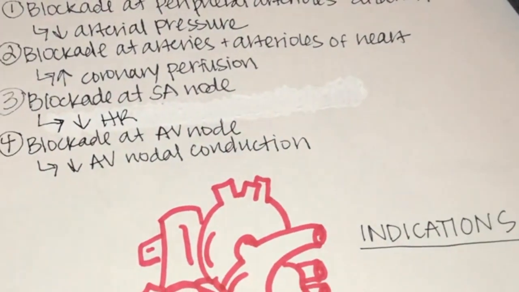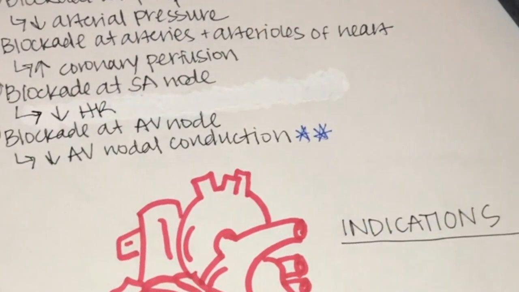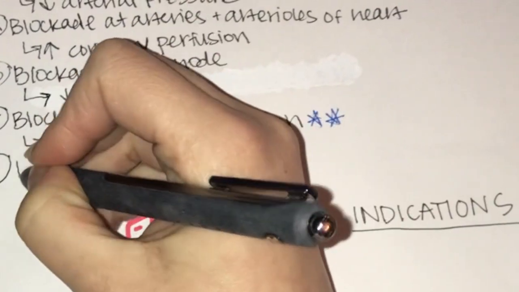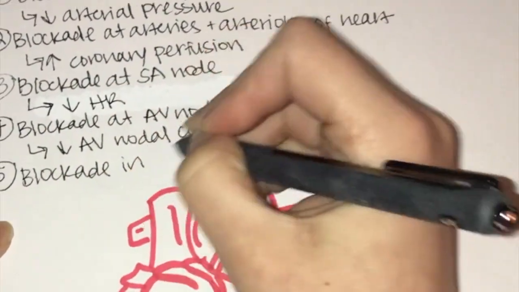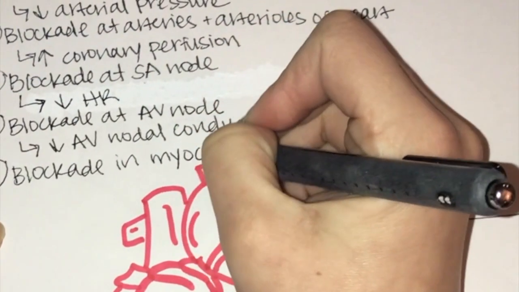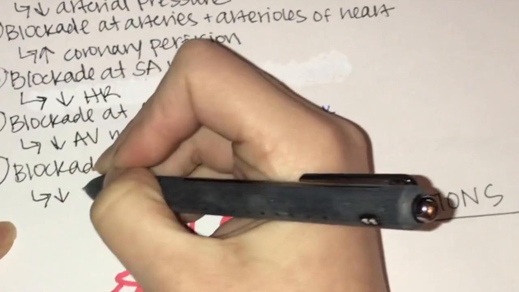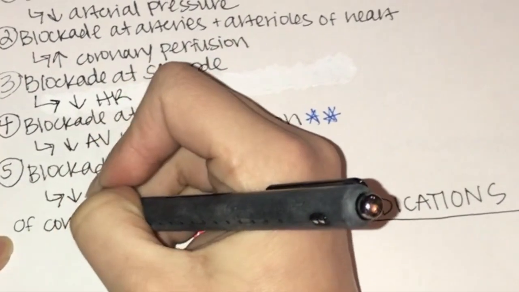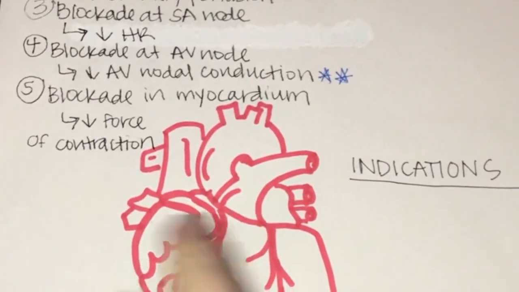And this is the most important effect of Verapamil. Another effect is blockade in the myocardium, and that is going to cause decreased force of contraction. So those are the actions.